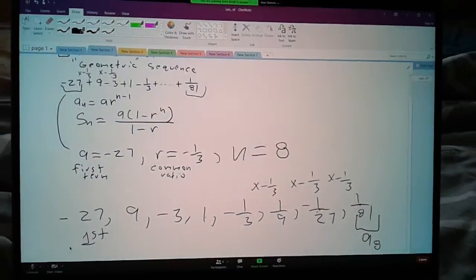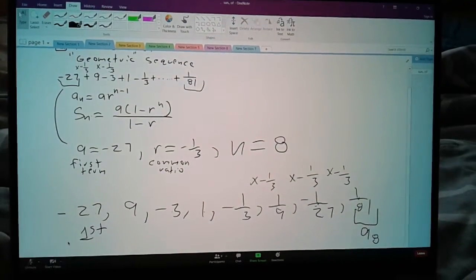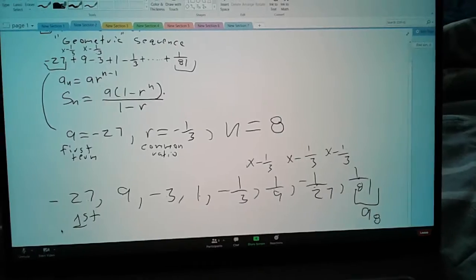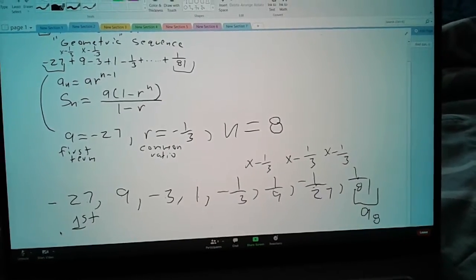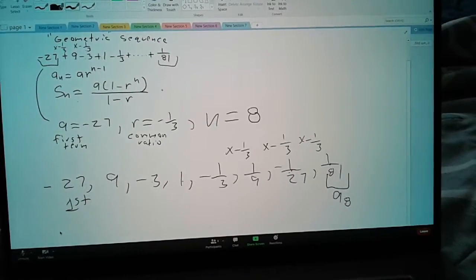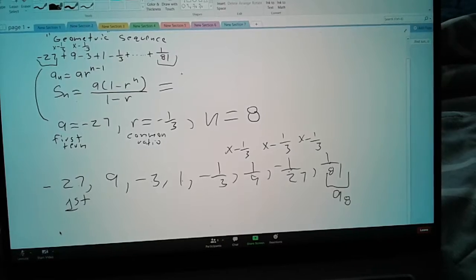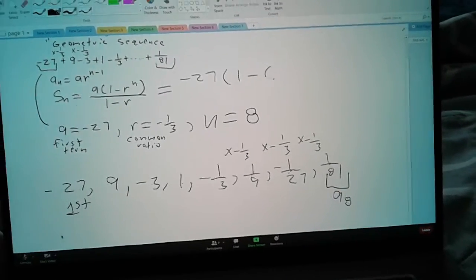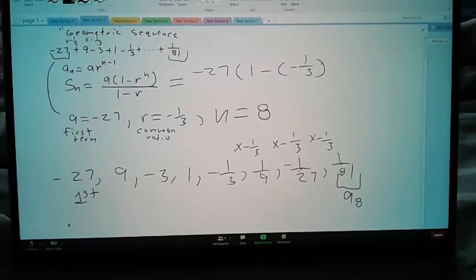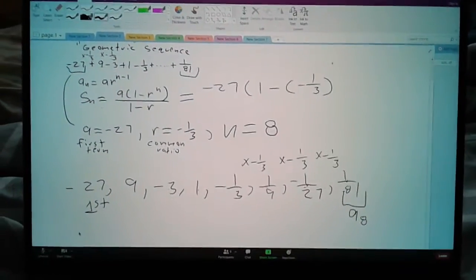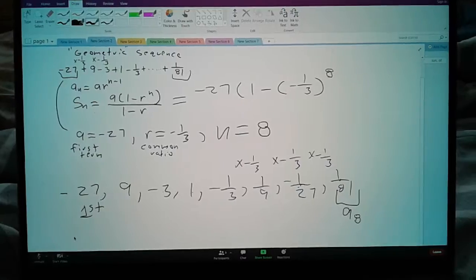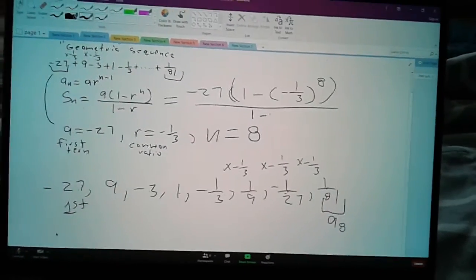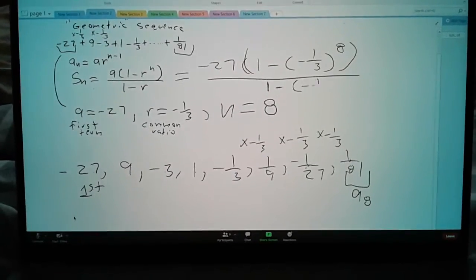I want to add up the first 8 terms to get the sum of all of them. So we have negative 27 times 1 minus r, which is negative 1/3, to the power of n, which is 8, divided by 1 minus r, which is negative 1/3.